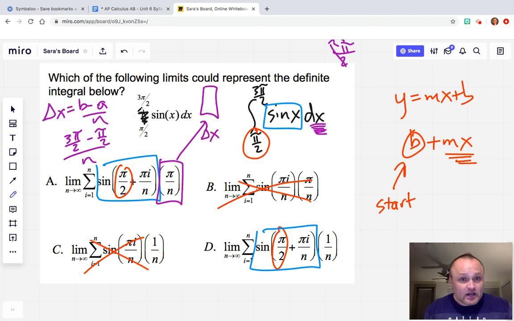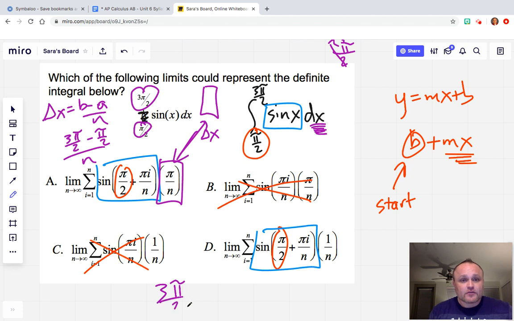And again, we got that from b minus a all over n. And it simplifies to this. It doesn't simplify to 1 over n. Okay, because if it did, that means the jump from pi over 2 to 3 pi over 2 would be 1. Okay, but the jump from pi over 2 to 3 pi over 2 isn't 1.